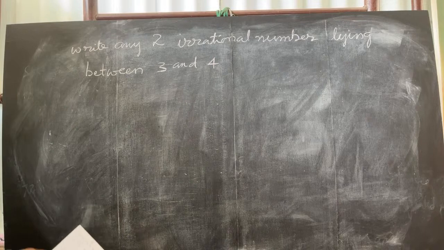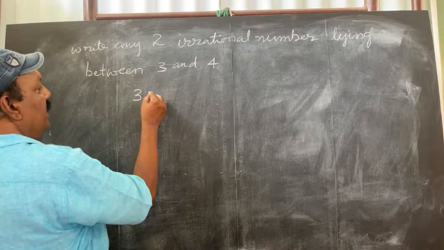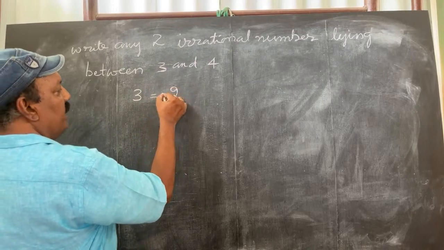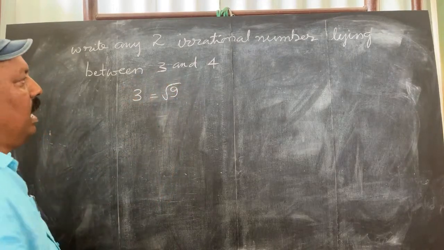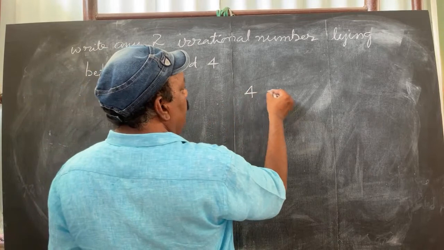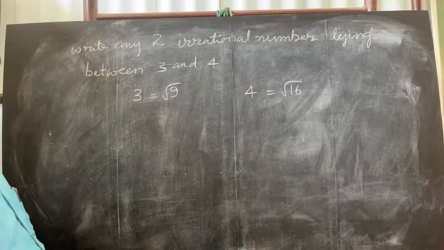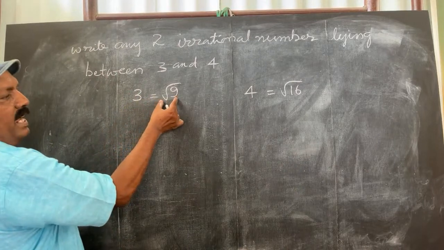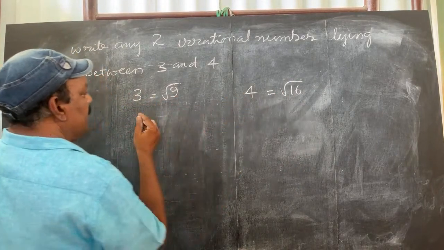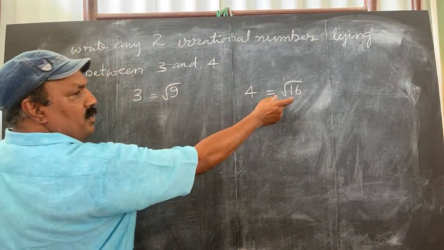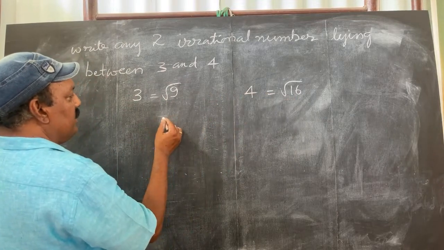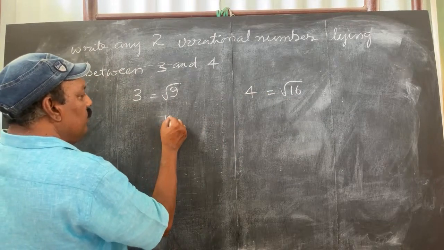Now, how to solve this problem is very simple. 3 we got from root 9, and 4 we got from root 16, and between root 9 and root 16 we are having some values. What are the values?